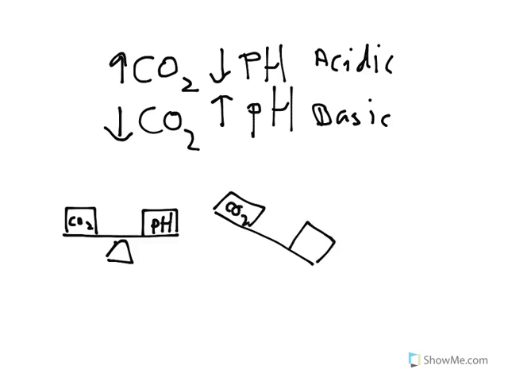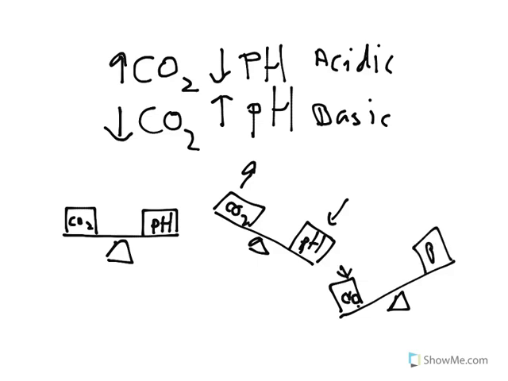If CO2 were to increase, then of course the pH goes down like a teeter-totter, and vice versa. If CO2 goes down, then the pH must go up. And this is a very crucial relationship to understand as we get into some of the diseases.